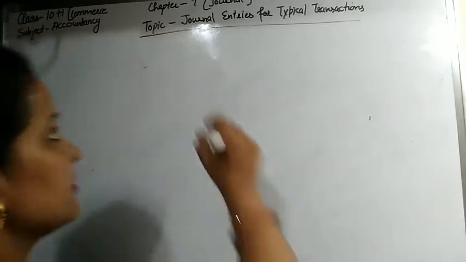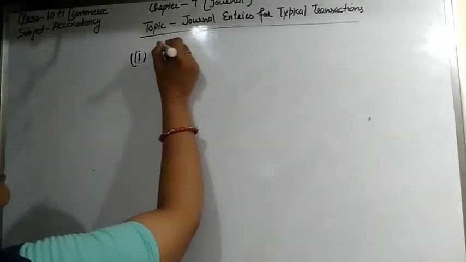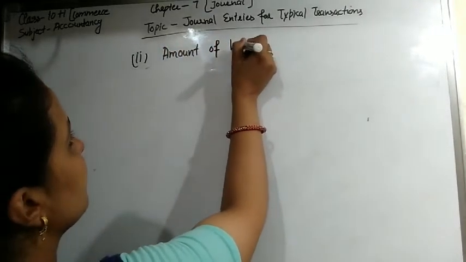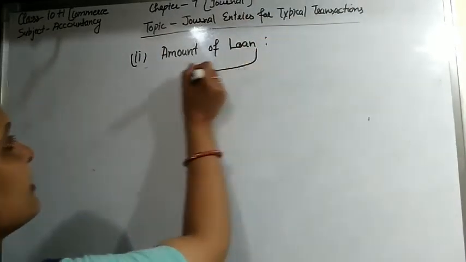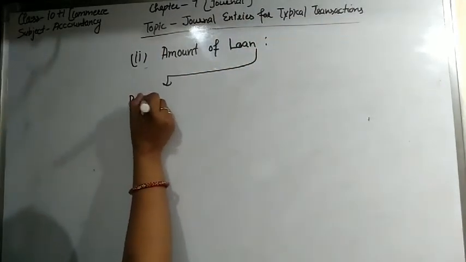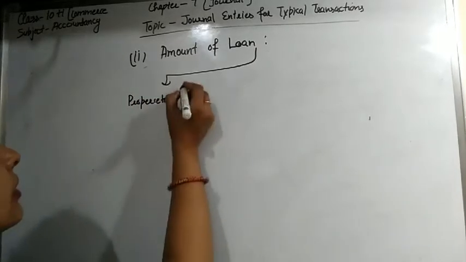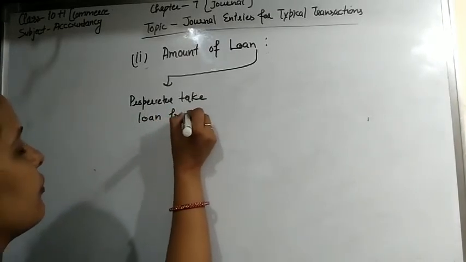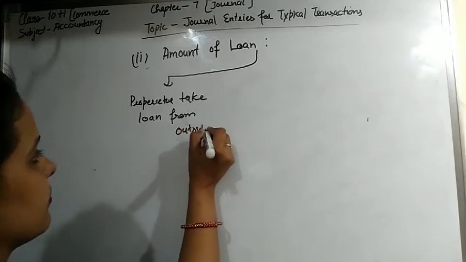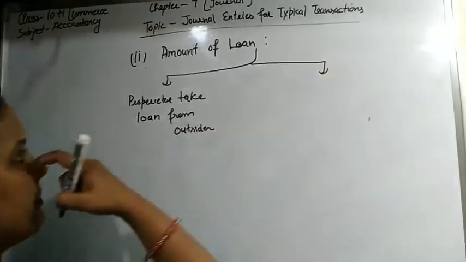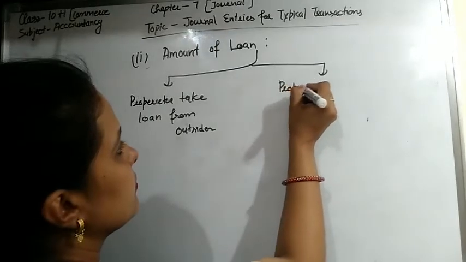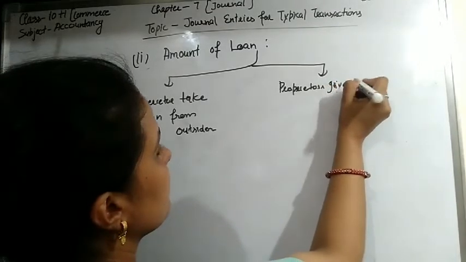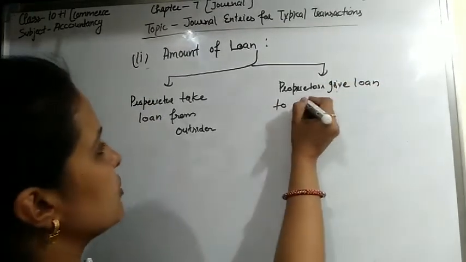The next transaction, students, is the second: amount of loan. Sometimes the proprietor takes loan from outsiders, and sometimes the proprietor gives loan to outsiders.